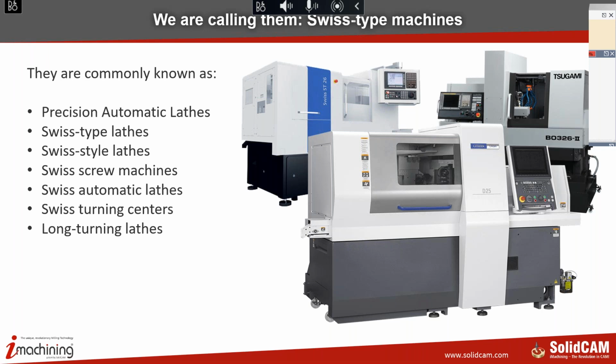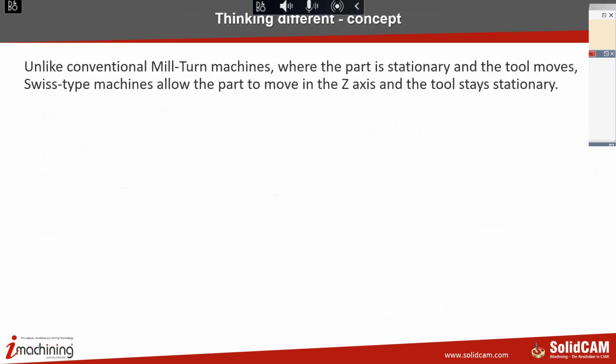The concept of the Swiss type machines actually started in the late 60s in Switzerland, but it is not the case that the machines are only made there. So let's talk about the concept.